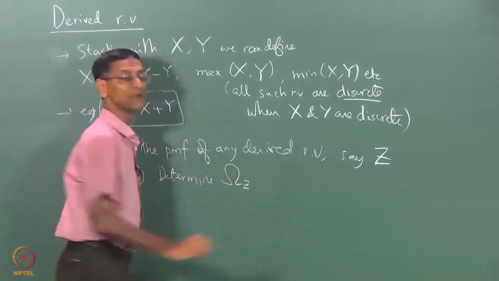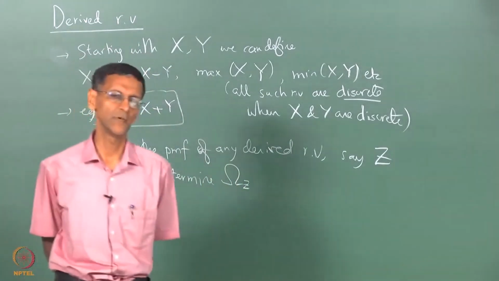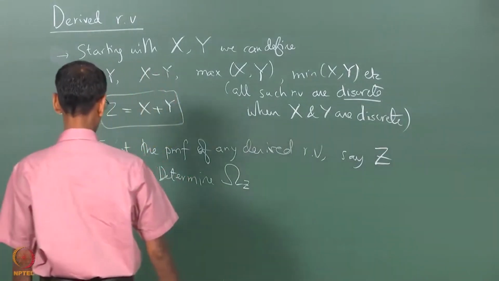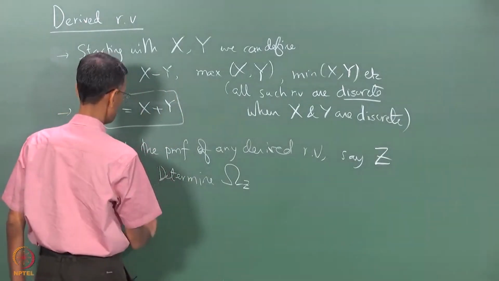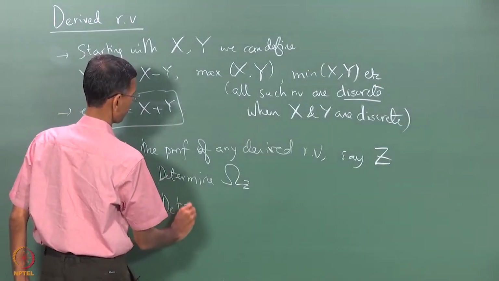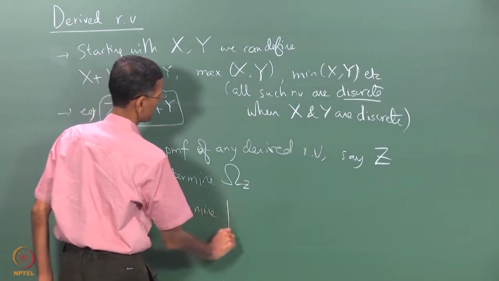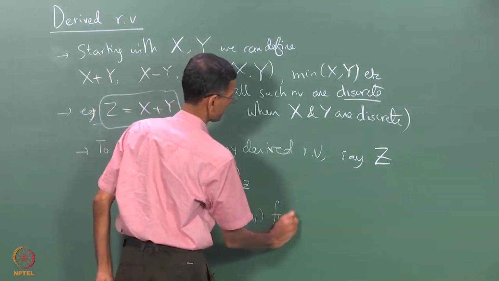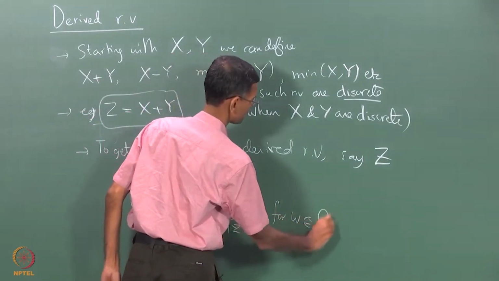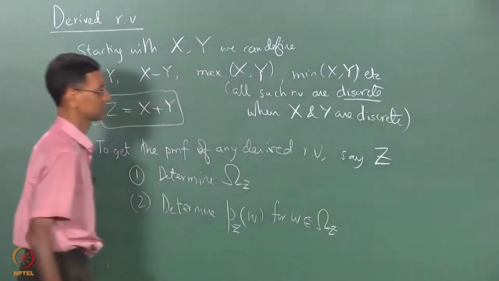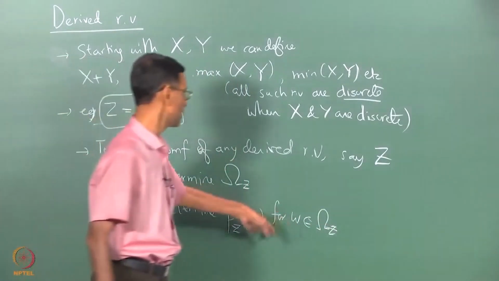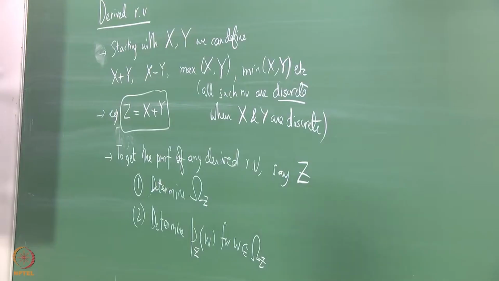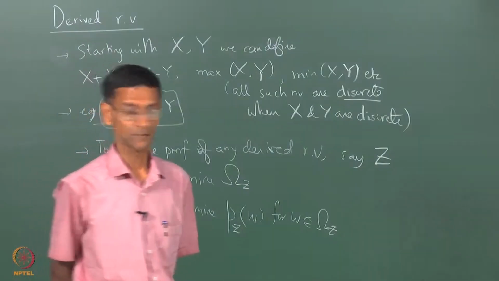So you must determine the set of numbers in which z takes values, and then the second step of course is to determine the probability that z takes some value in that set. You have to do this for all possible values in omega z, only then the PMF is complete.